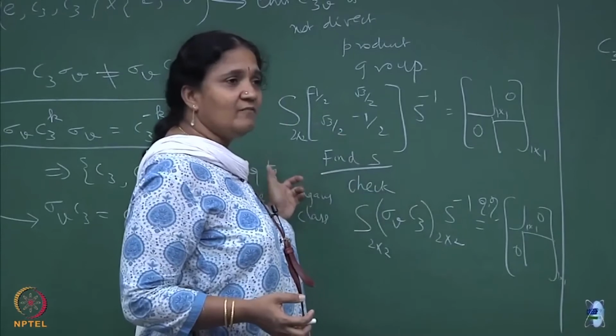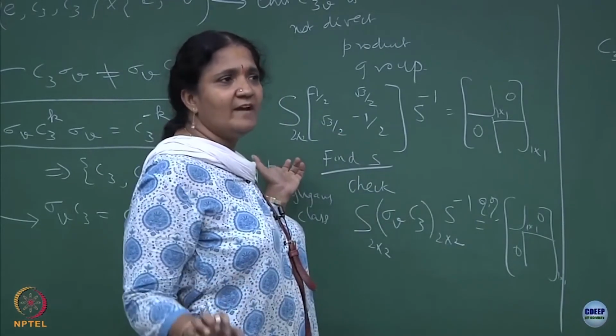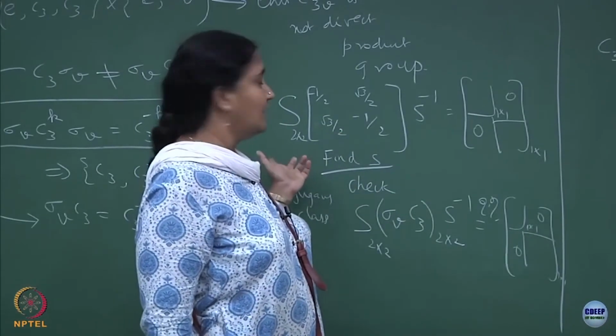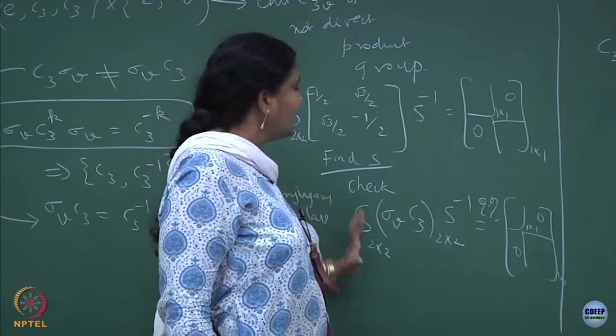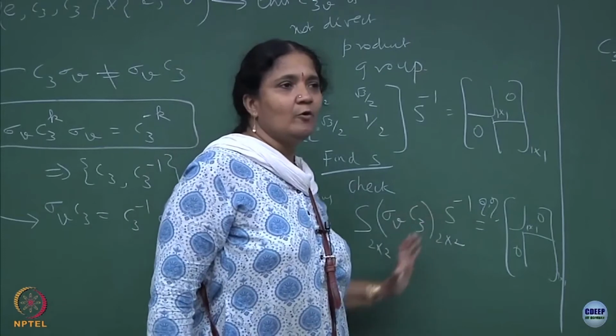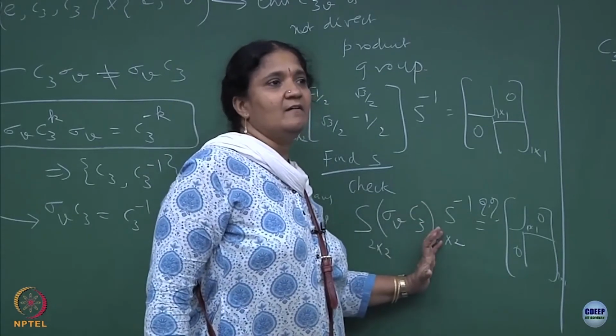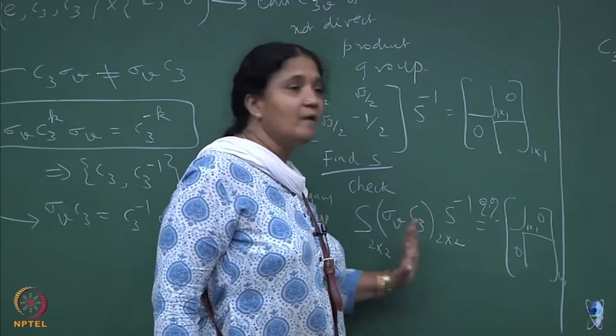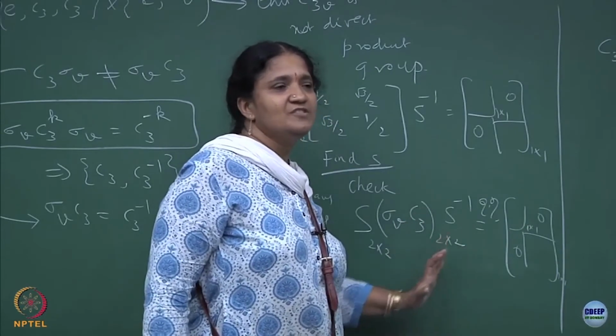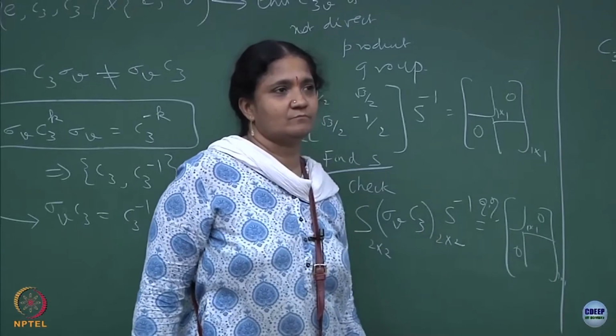After you do that and find the S, I am sure all of you have done diagonalization of matrices. After you find that S, try to see whether that S, when you employ it on the sigma V C3 or sigma V C3 inverse, check what happens.